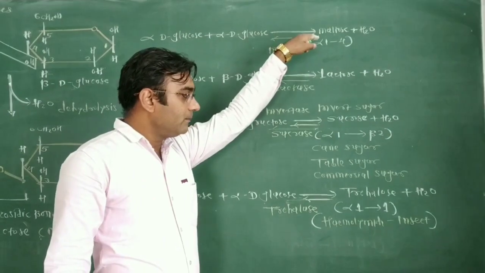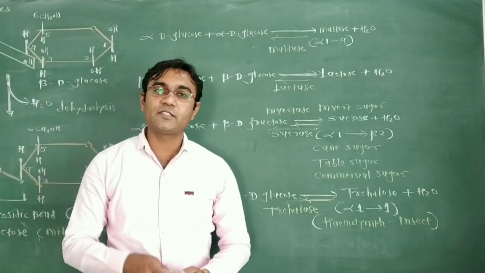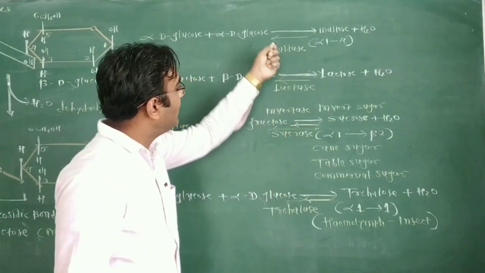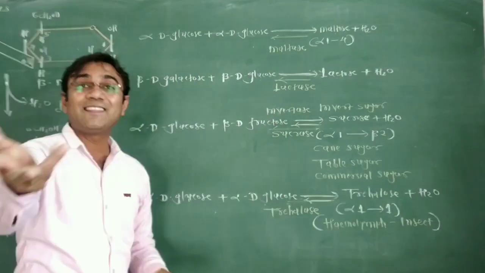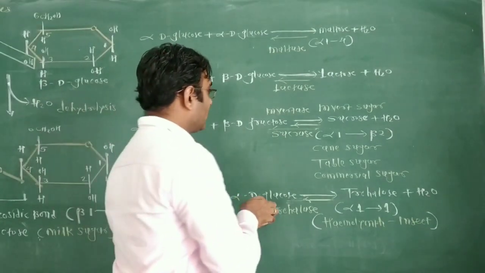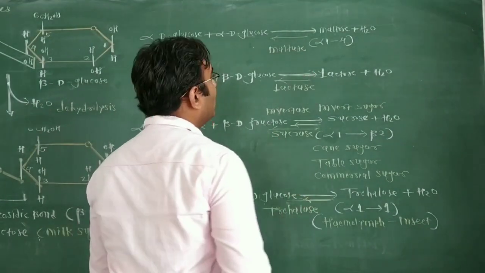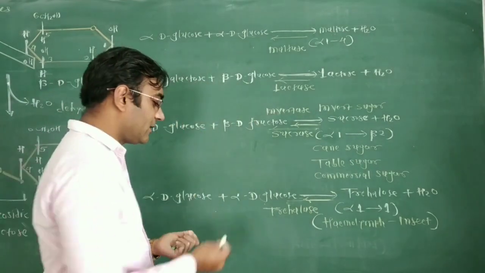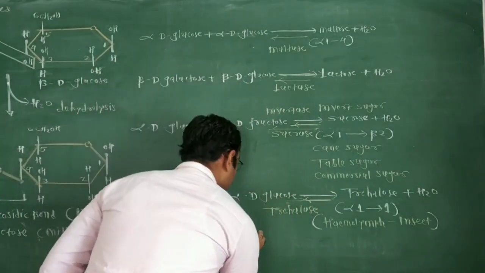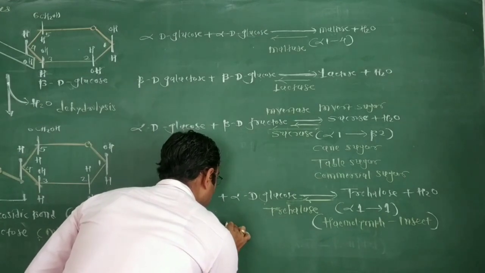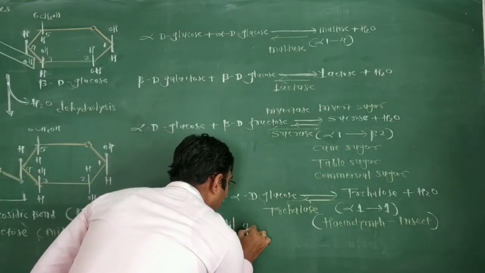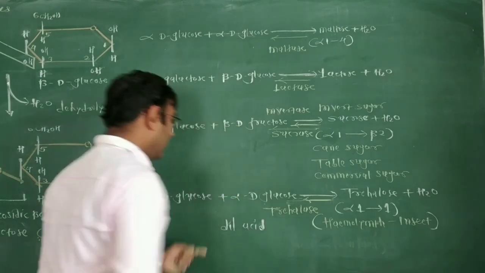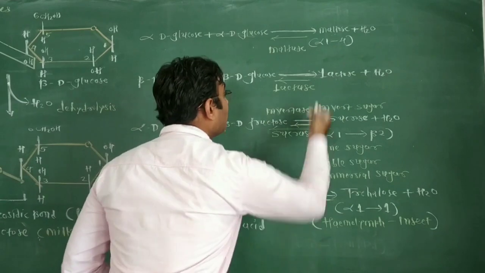So all disaccharides are split into monosaccharides with the corresponding enzyme. Another option is also there. If we do not use the enzyme, we have to boil in a slightly acidic medium, in dilute acid solution.